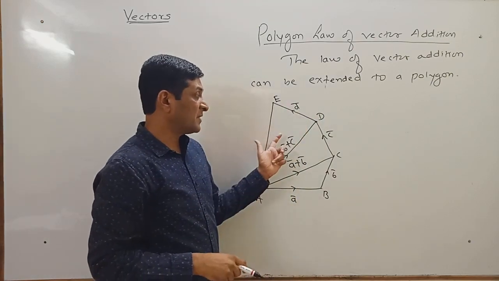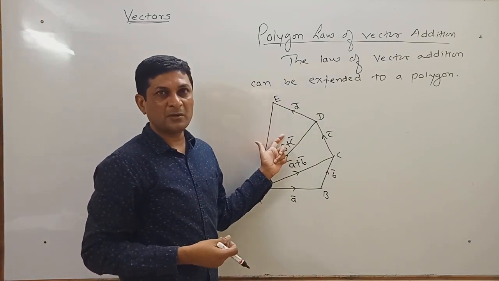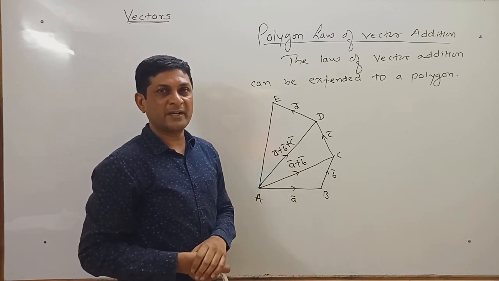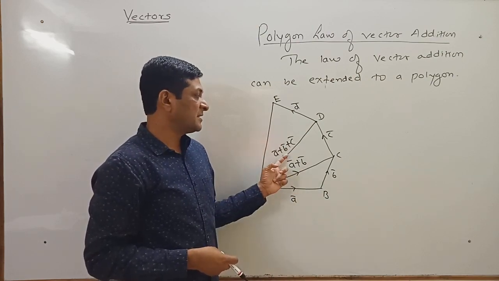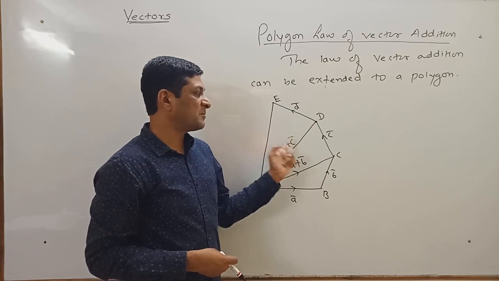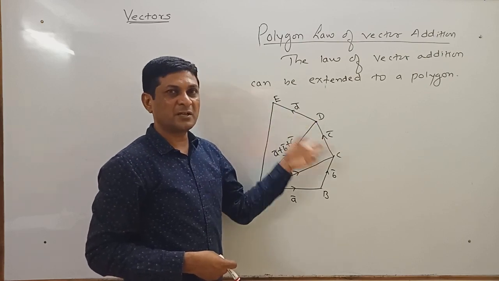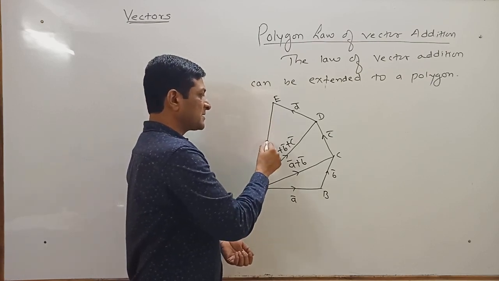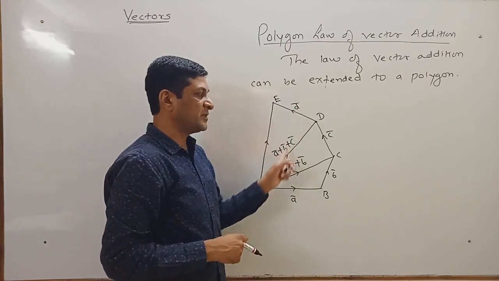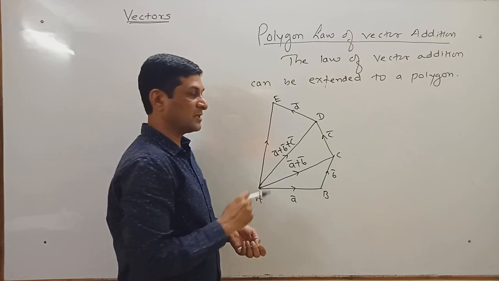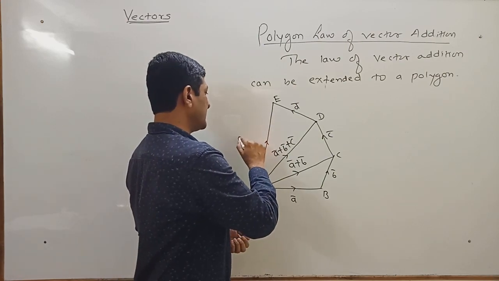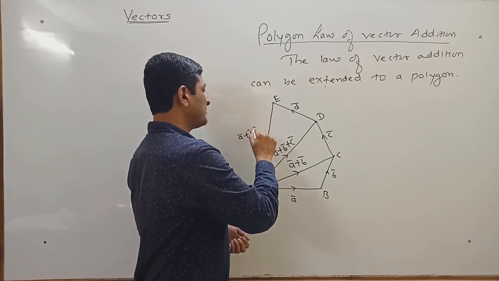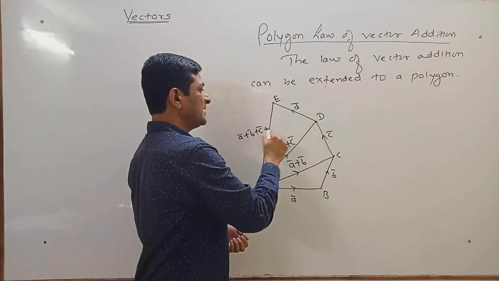Since we have got a triangle, we are able to apply triangle law of vector addition. One side of this triangle is represented by A bar plus B bar plus C bar and second side is denoted by D bar. Then the third side of this triangle is nothing but resultant of these two vectors, that is addition: A bar plus B bar plus C bar plus D bar.